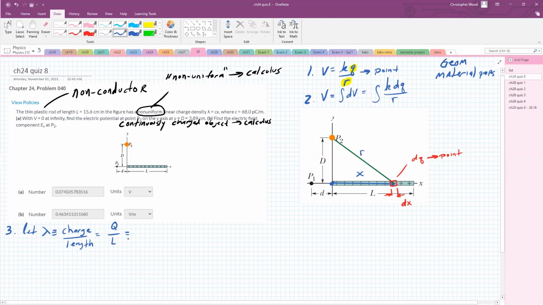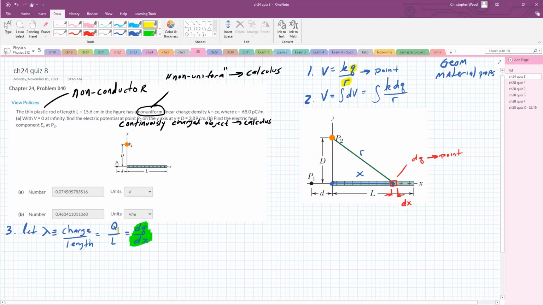Microscopically, also known as differentially, I could just say it's dq over dx. Okay, and obviously this is what I'm after. I'm going to bark up this tree, because this is my differential form.